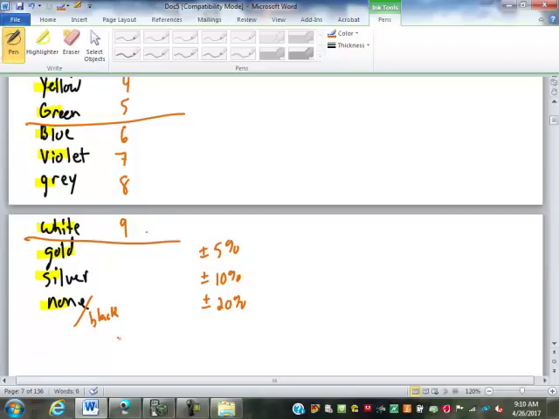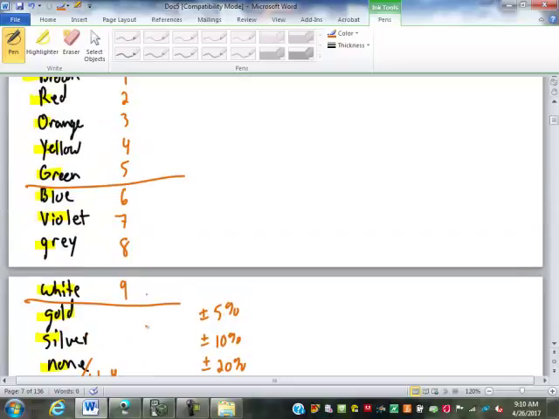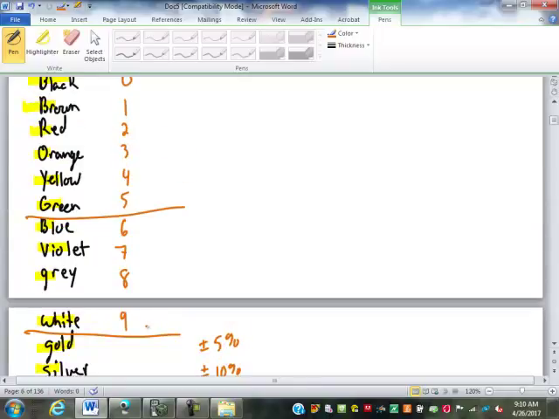I'm going to take a peek just to make sure I don't use the black. Yep, gold, silver, none.